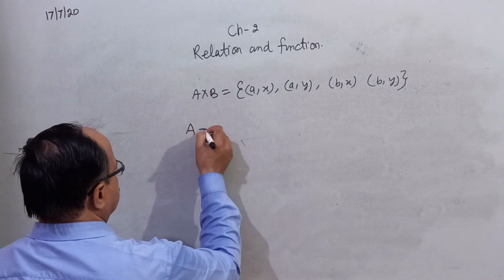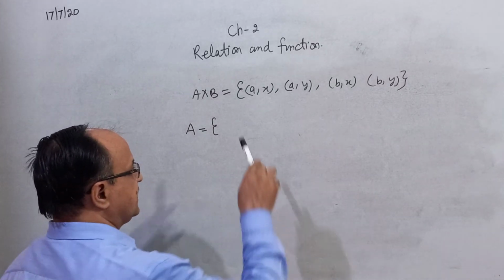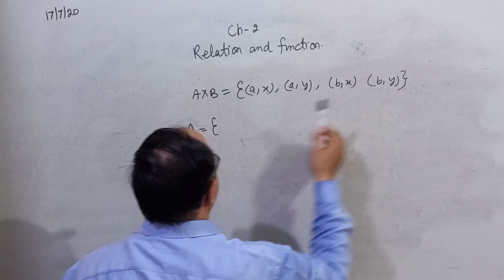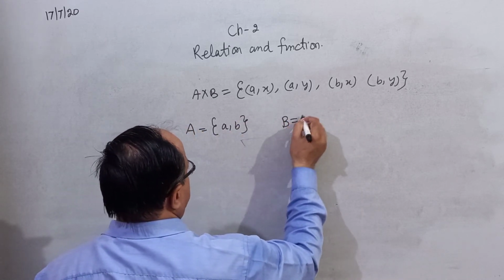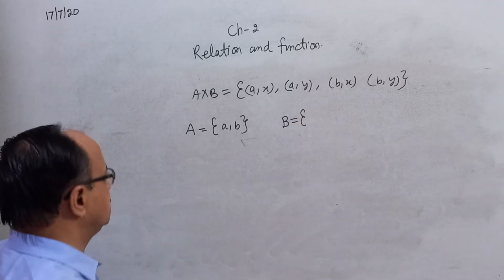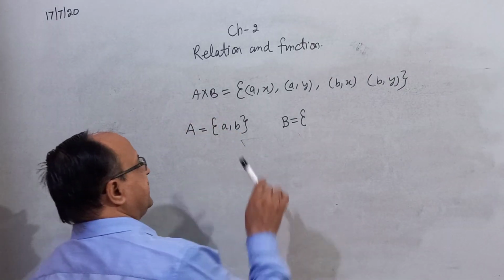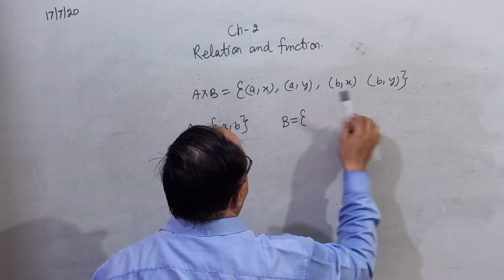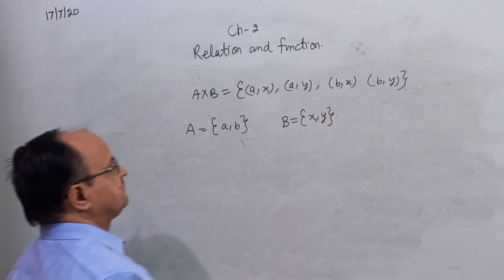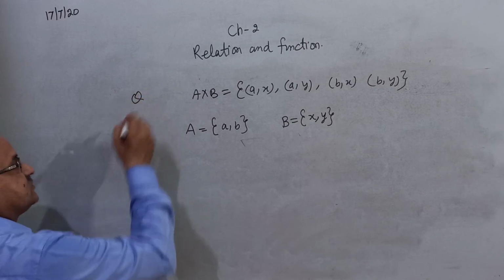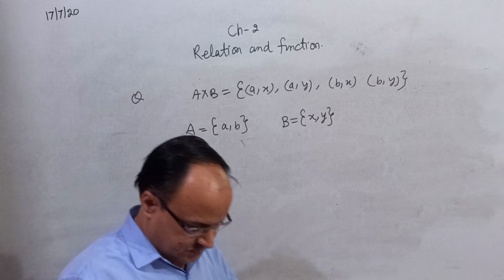You know that set A contains the first elements A, B. So you can write the answer A comma B. And B means the second elements, here X, Y. Therefore your answer is X, Y. This is the answer of this question. Clear? Right? Simple question.